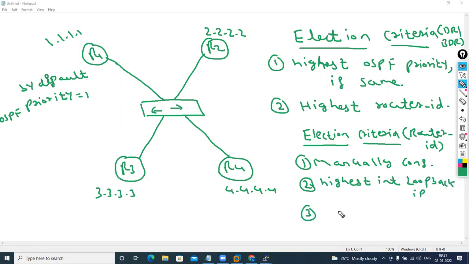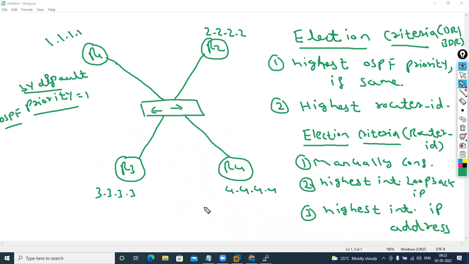What is third? If loopback is not configured, then the highest interface IP address. So let us consider on all the routers we have the default OSPF priority. Now, who will become the DR and who will become the BDR?